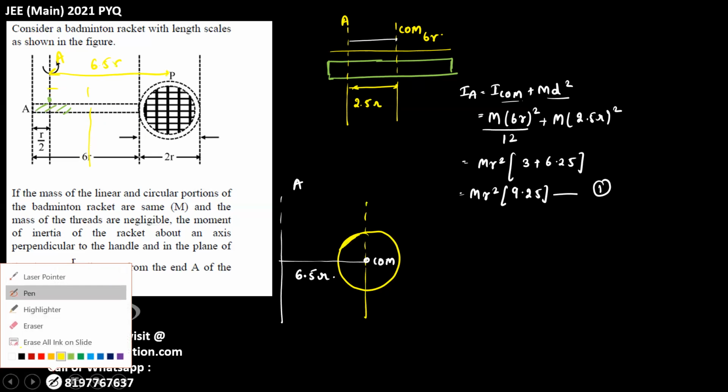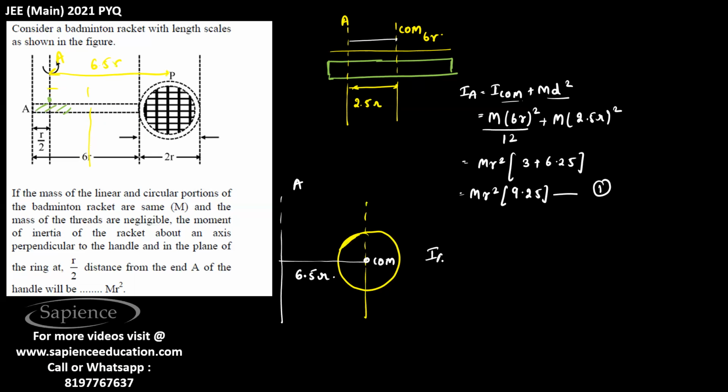Then again you can apply the parallel axis theorem. The moment of inertia about the center of mass is mr square by 2, since it is about a diameter and the radius is r. Plus m into the shift, 6.5r the whole square.